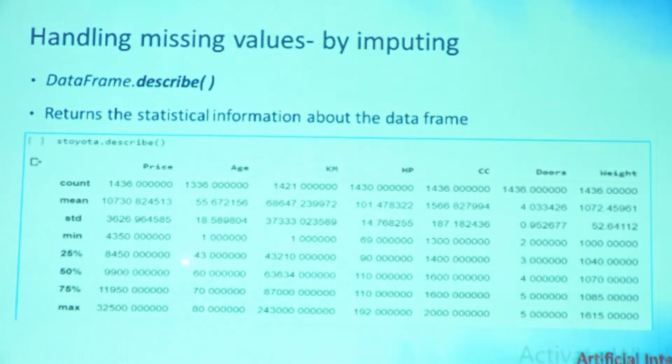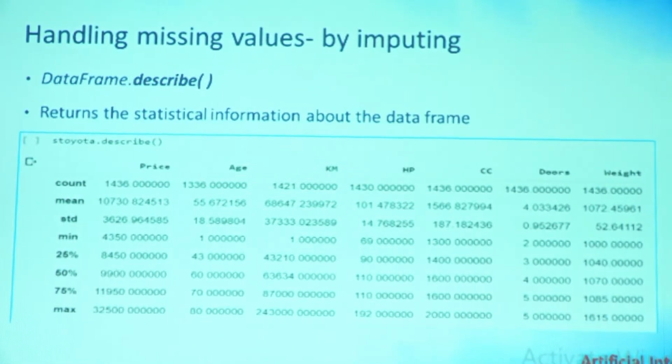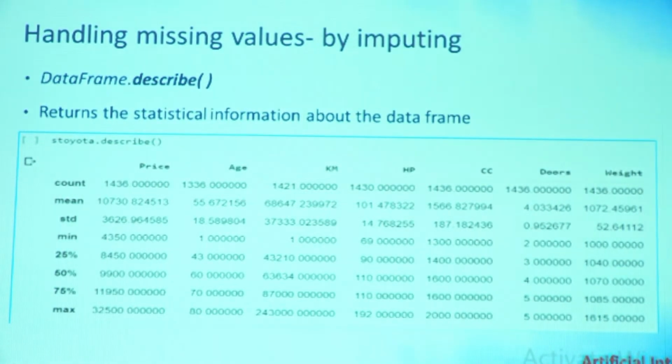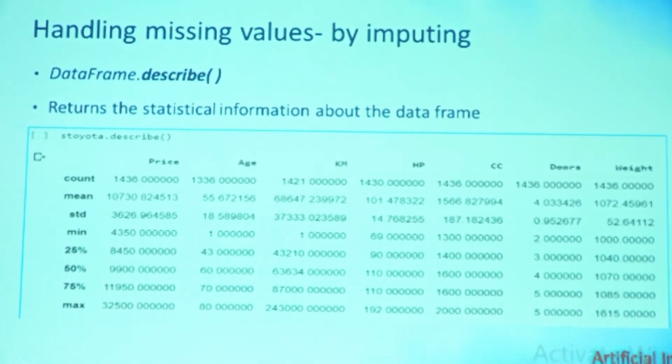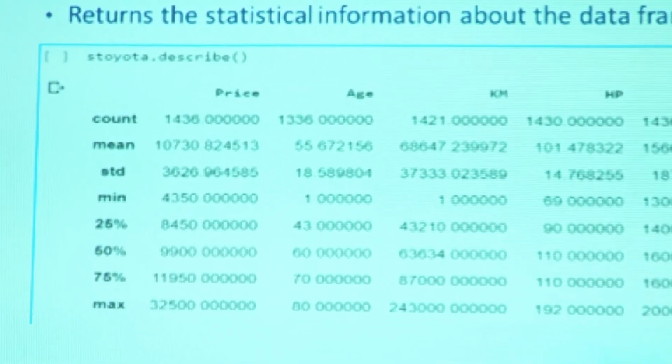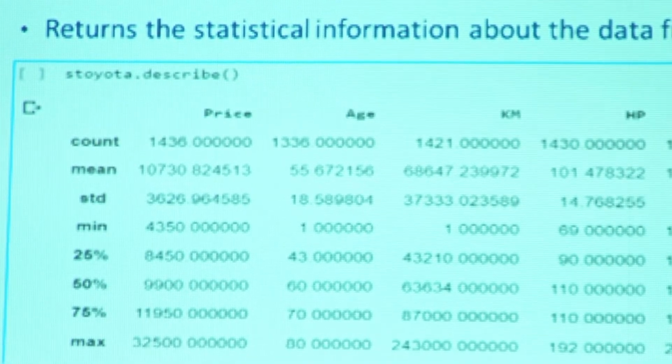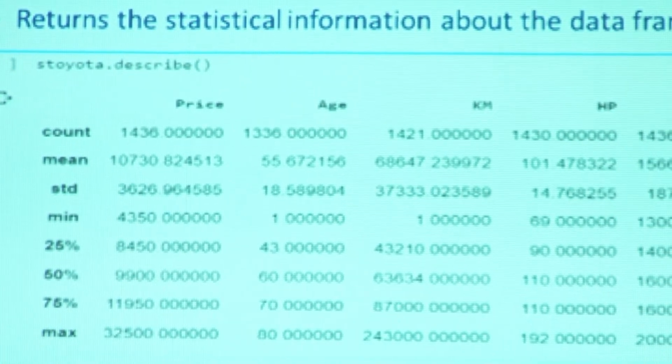Now guys, check here. You wanted to impute age, you know? So check for the mean of your age, guys. 55.6. Now tell me, guys, when I have these 4 quartiles, Q1 from 0 to 25, Q2 is 25 till 50, and then 50 to 75 is Q3, 75 to 100 is Q4.